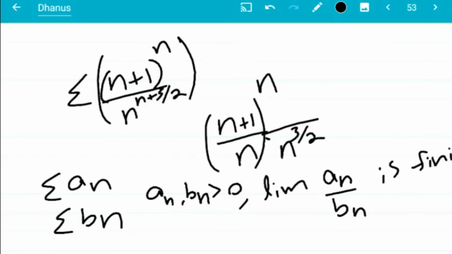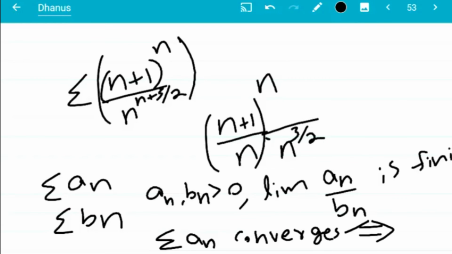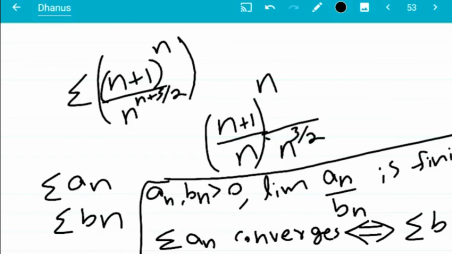Then summation an converges if and only if summation bn converges. This theorem we usually use for testing the convergence of a series.